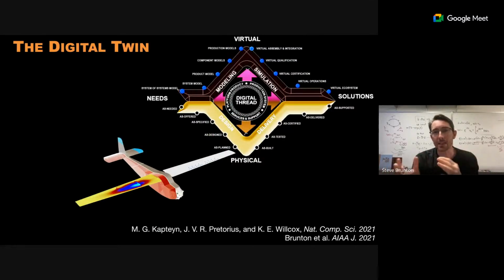And this fits into this notion of a digital twin, which is essentially a surrogate model of some complex system that we want to design and optimize and control. And it's too expensive classically to simulate all of the complexity of an aircraft. So I need surrogate models that are fast, efficient, and flexible, and still capture enough of the physics to be useful when we actually design and optimize these systems.